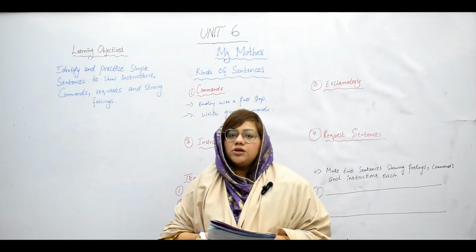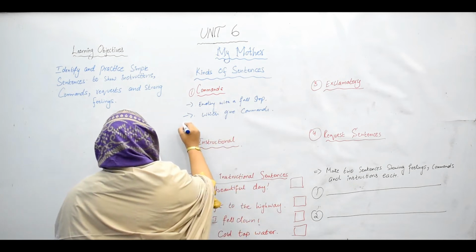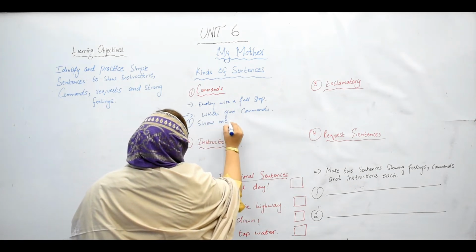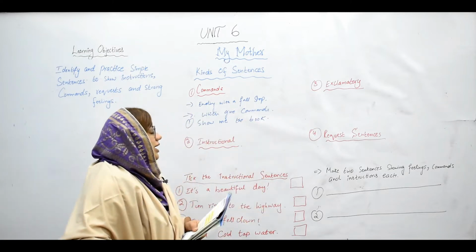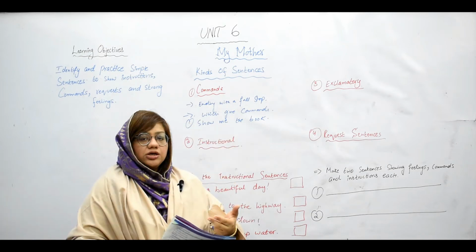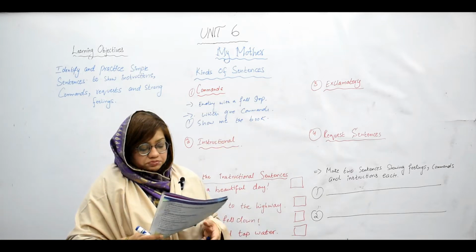For example, in command sentences, the sentences I'm writing here: Show me the book. In this sentence, I asked someone to show me, I give the command to show me the book.